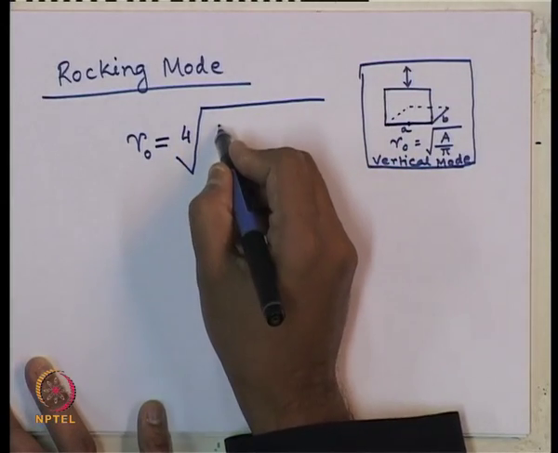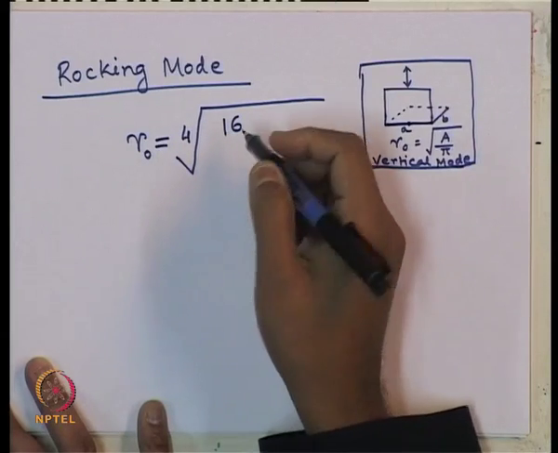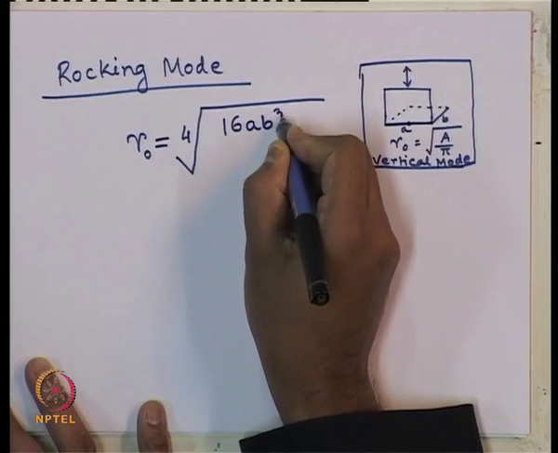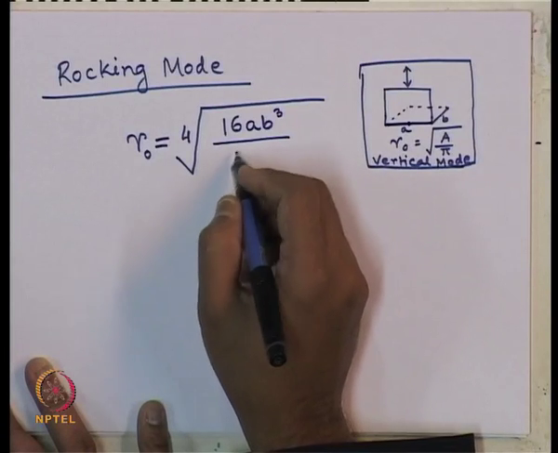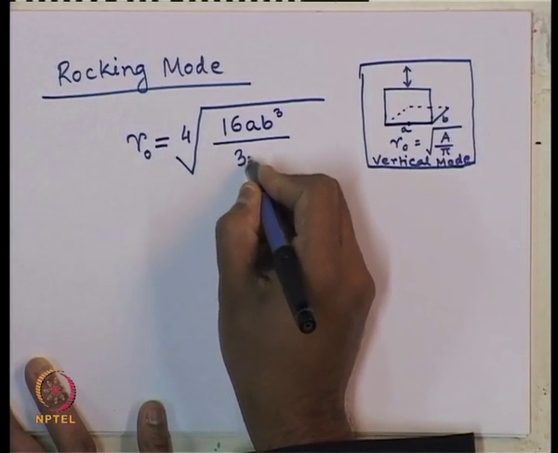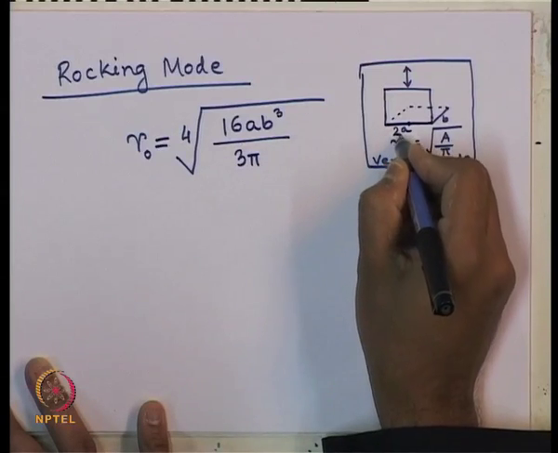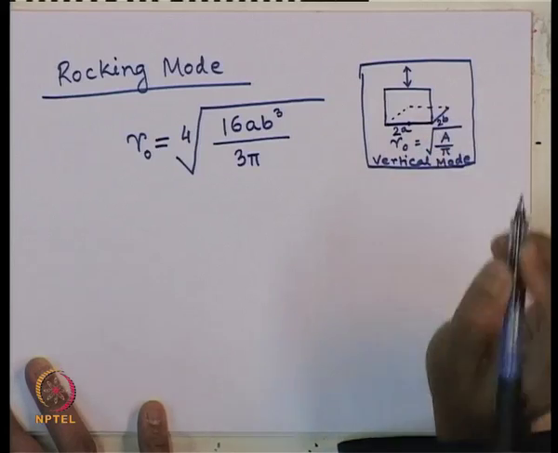So, the formula gives us 16 a b cube by 3 pi, where this dimension is 2a, this dimension is 2b.